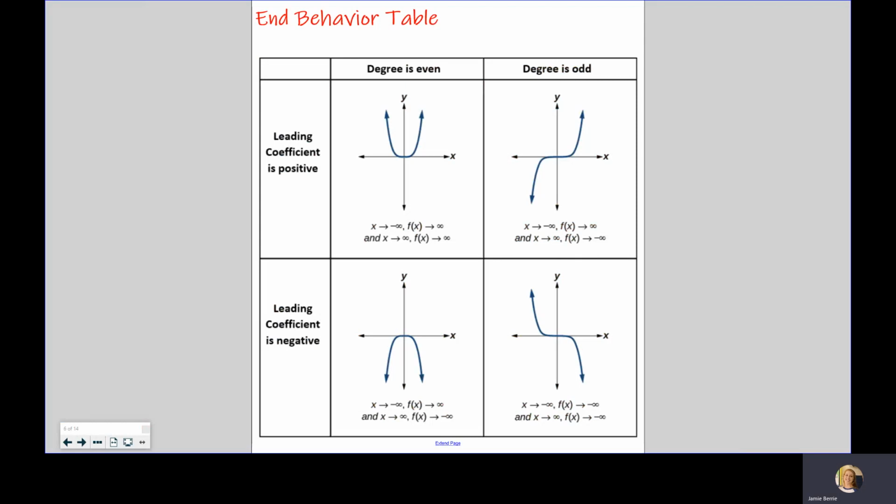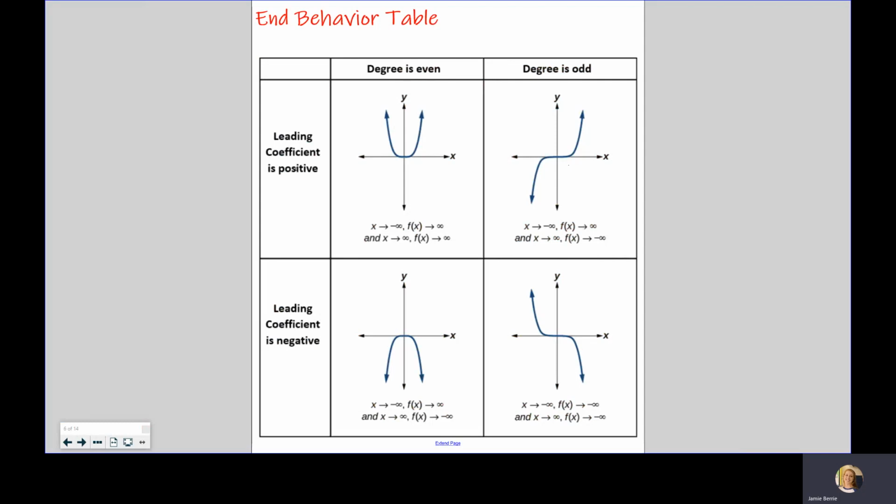The columns here designate that the degree of the polynomial is even, and here the degree of the polynomial is odd. The top row is for when you have a leading coefficient that's positive. The bottom row is for when you have a leading coefficient that's negative. This tells you what's going to happen at the ends of the polynomial.